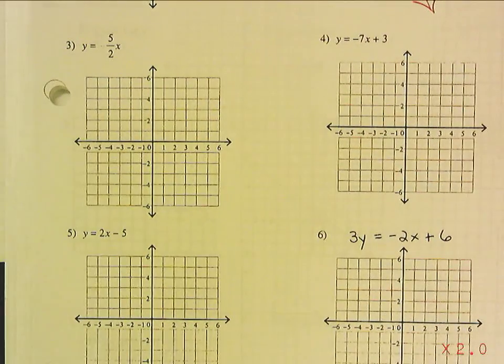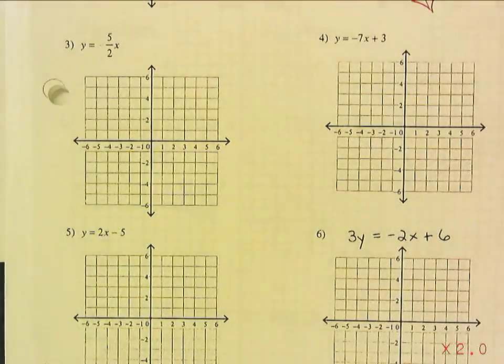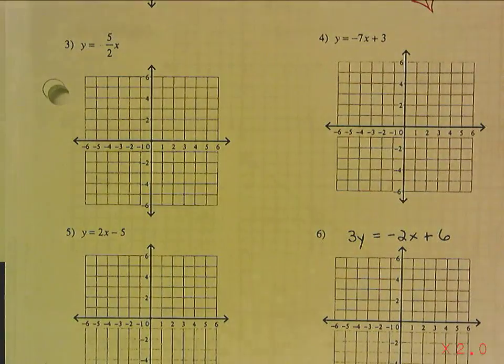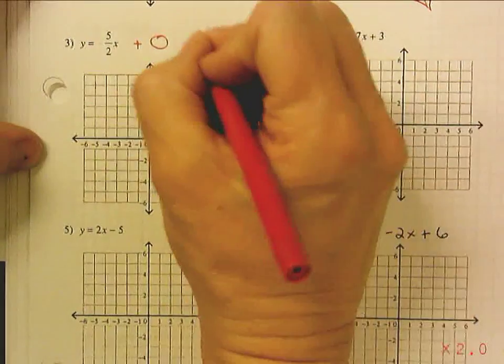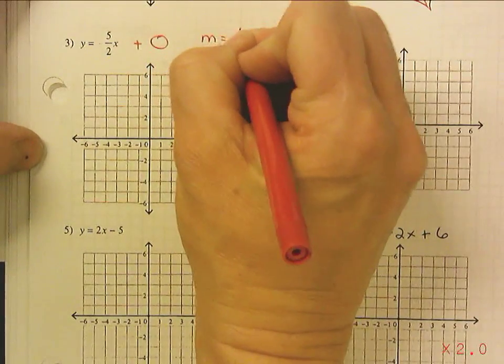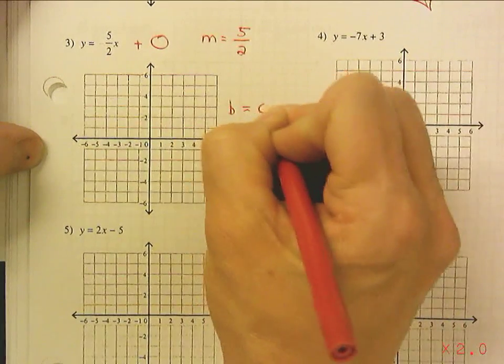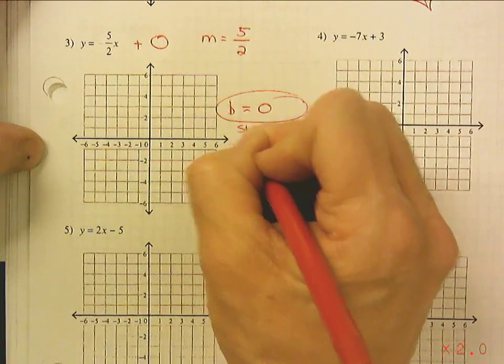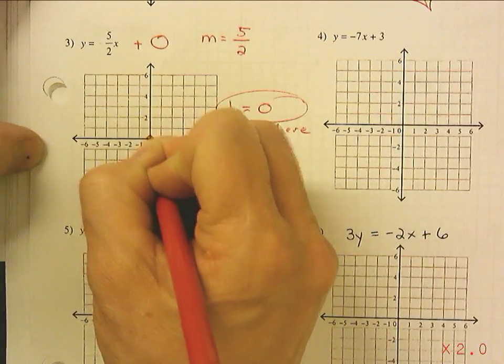The tricky thing about number 3 is there is no y-intercept. So in math, when there's nothing there, nothing in math is 0. So here, the slope is 5/2. The y-intercept is 0. Circle it, start here. I start where y is 0.